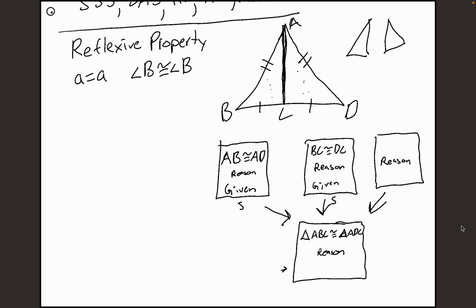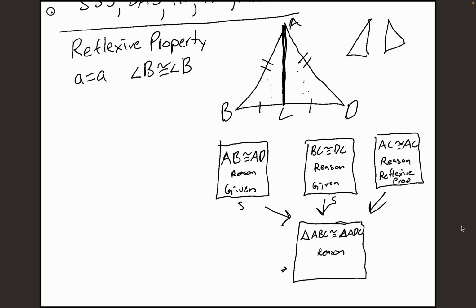If they are sharing a side, can't we say that it's the same value because they're sharing that side? This would be an example of reflexive property, where we can say AC is congruent to itself, so AC to AC. And this is reflexive property, because it's congruent to itself.